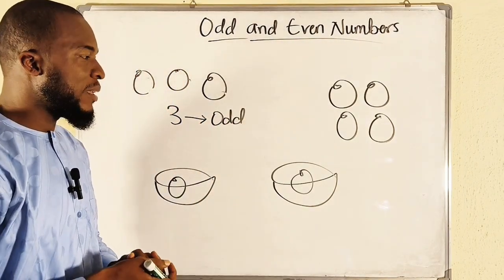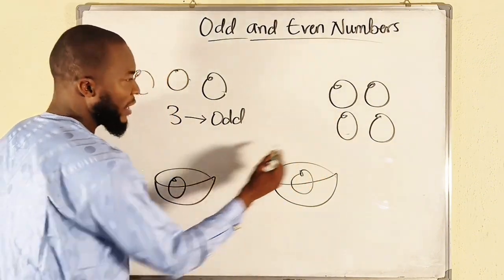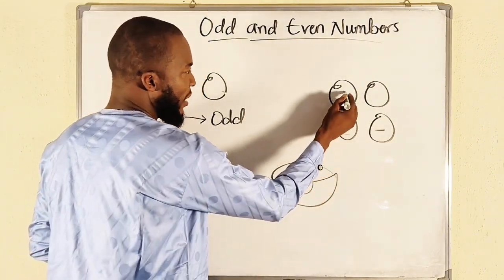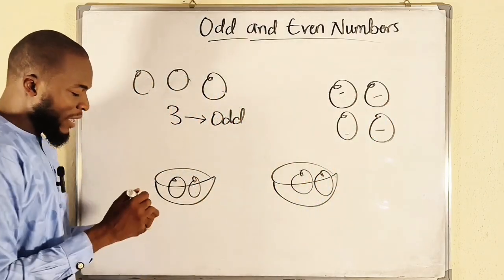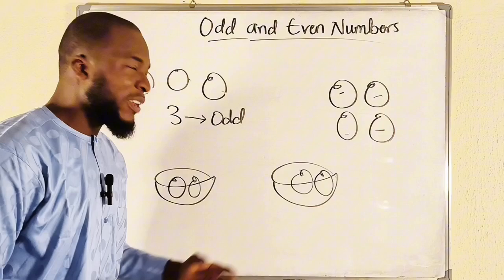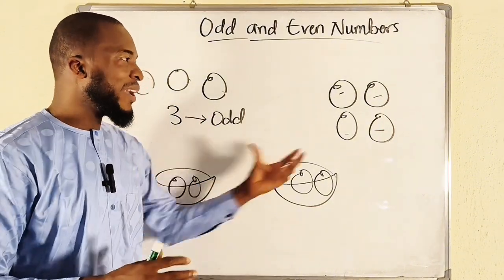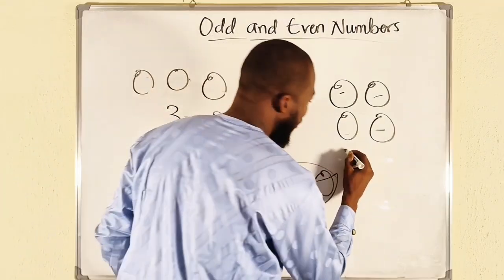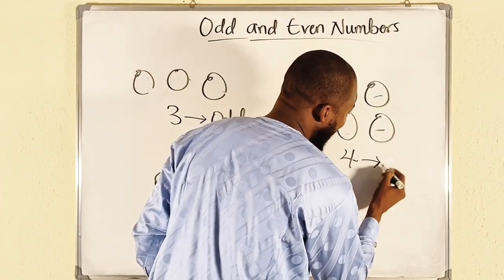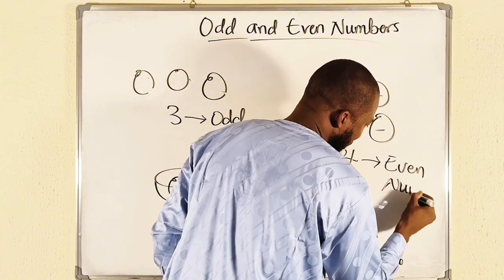divided equally. But coming here, if you take this one, you plug it here, you take this one, you plug it here, you take this, you plug it here, take the other one, you plug it here. So you can see that in each basket we have 2 oranges. So we have successfully divided 4 oranges into 2 equal parts. Therefore, we say the number 4 is an even number.